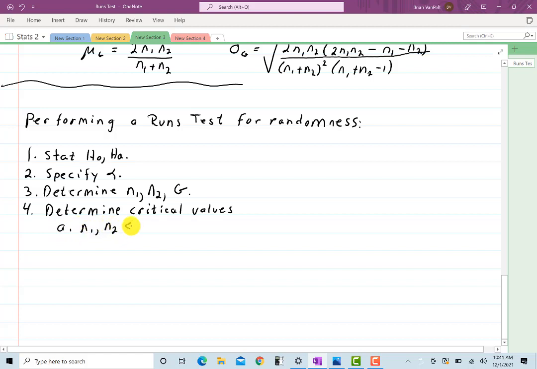A, if they're both less than or equal to 20, use the runs table. And B, if either n1 is greater than 20 or n sub 2 is greater than 20, use the normal table.